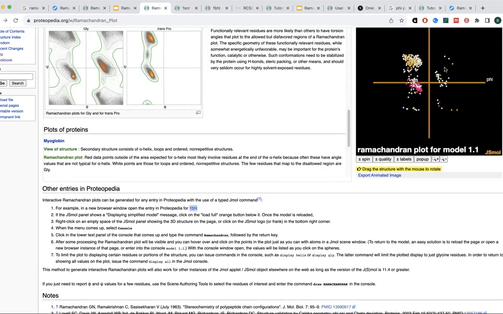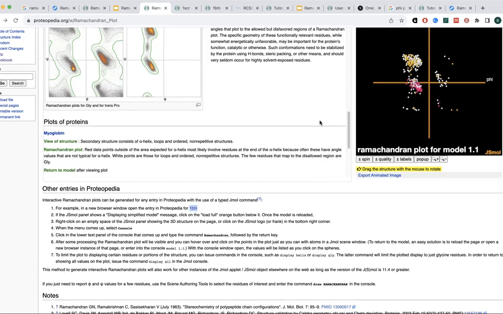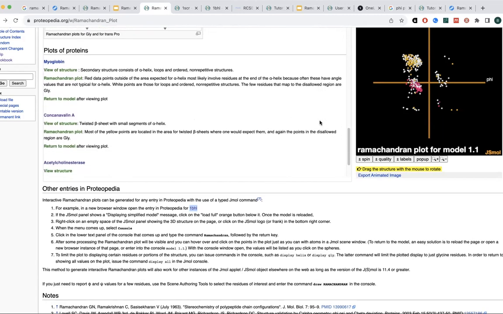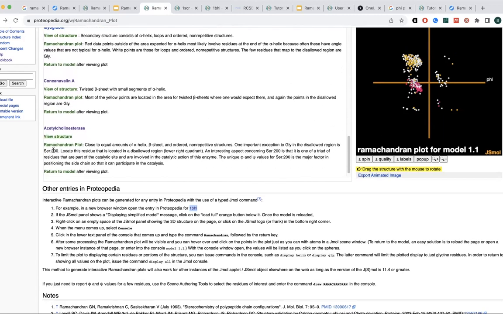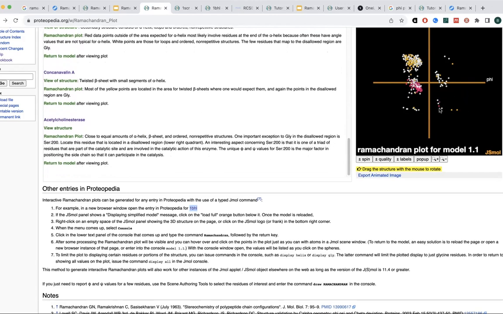But you'll also see a couple of points, or at least one point, that's kind of weird. And so as you go, it points out the serine 200. If you go over here, you'll see that this is serine 200. Normally you wouldn't find a serine over here. It's outside of the preferred regions. But as they say, this is part of the catalytic site, and it's actually a really important residue for this protein.